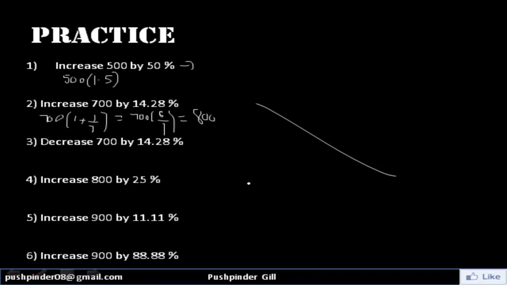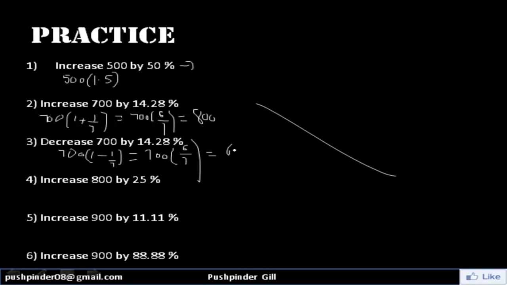So if you have to decrease 700 by 14.28%, I'd say 700 into 1 minus 1 by 7, because 14.28% is nothing but 1 by 7. So that comes out to be 700 into 6 by 7, right? So I hope you're understanding this. It's very easy for you to solve questions like this.